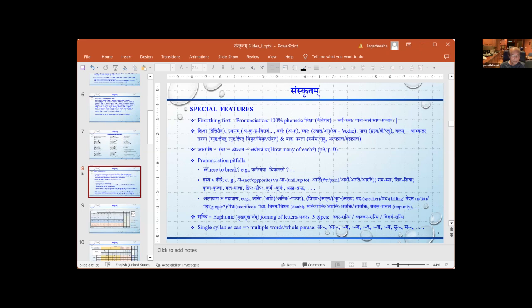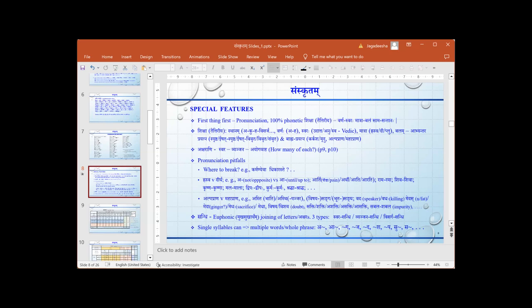Question about for the va sound, whether it is V or W. Now, the sounds in Sanskrita, the vakara in Sanskrita was already there. And when they were adapted to English, they found two alphabets that closely match that, V or W. So I think people randomly used V and W for the vakara of Sanskrita.